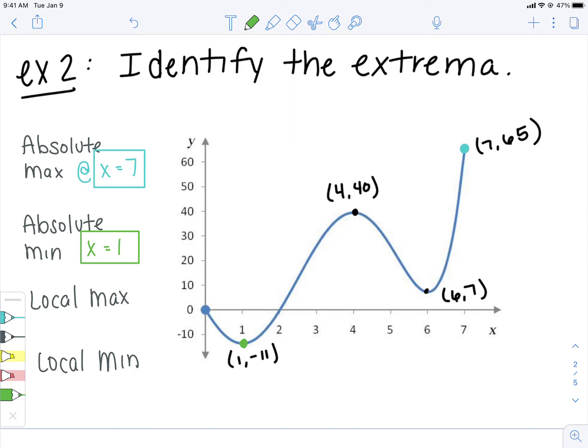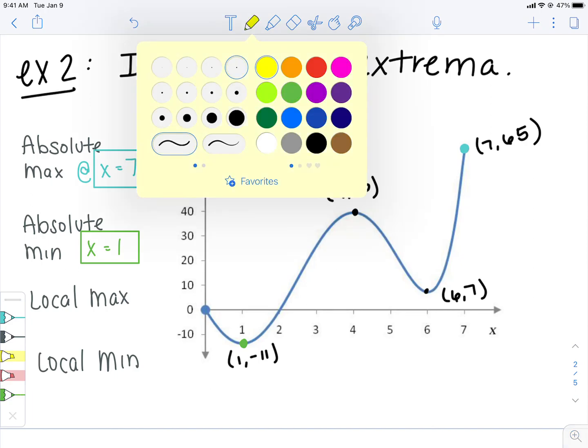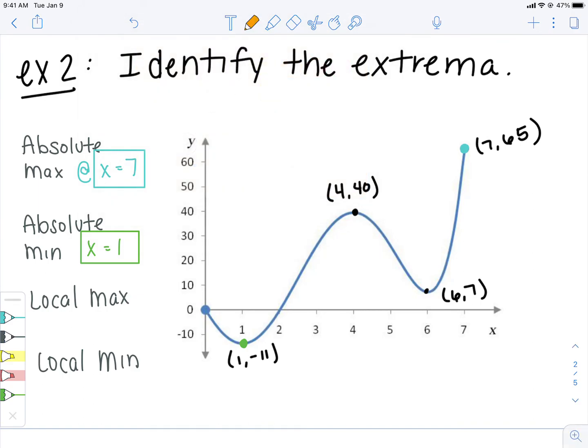What about my local max? Any place where my graph is switching, or if it was a roller coaster where I'm going up and then all of a sudden I'm going down. So I definitely agree here, right?